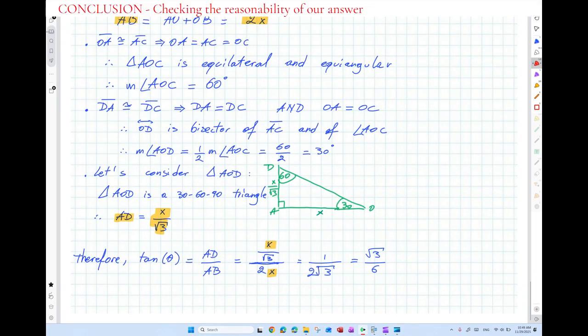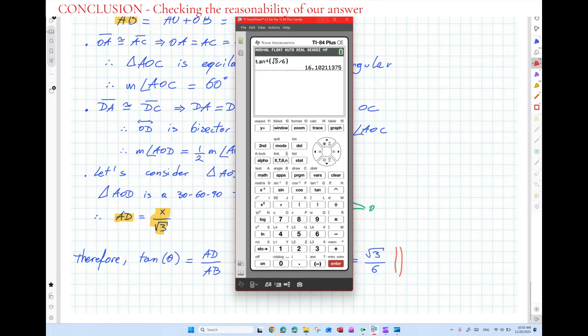Now, you can always check for the reasonability of your answer. You have a tangent, and if you grab your calculator and you apply the tangent inverse function, you get 16 degrees of an angle.